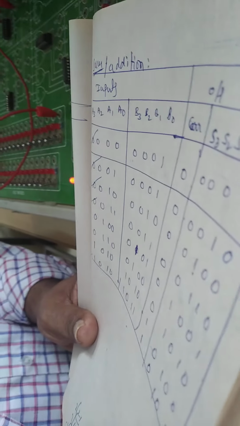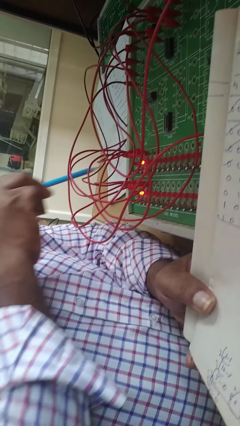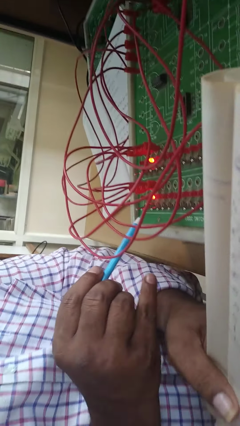On the A side, please all of you remember this is A0, A1, A2, A3. Next B0, B1, B2, B3. So please remember these inputs. Mostly the drawback of students is that you get confused.